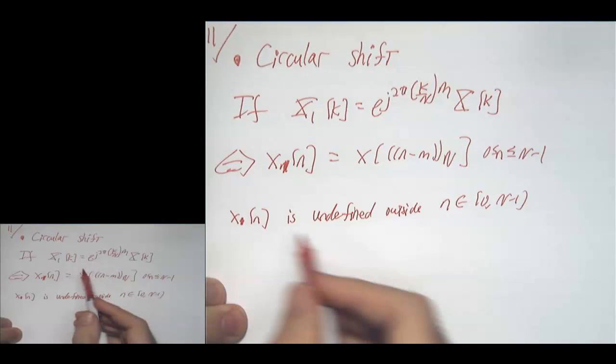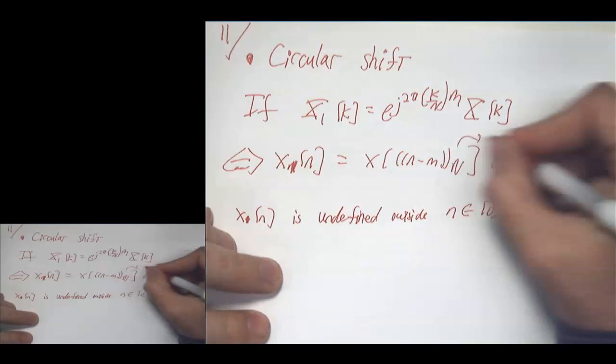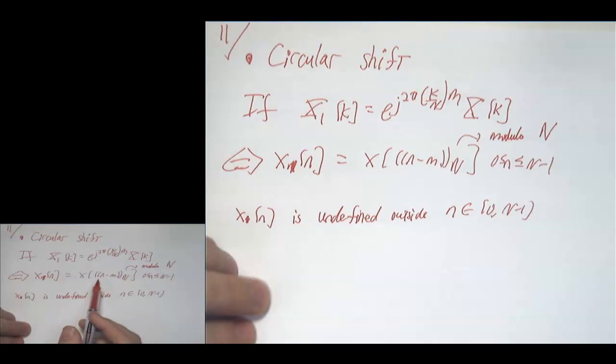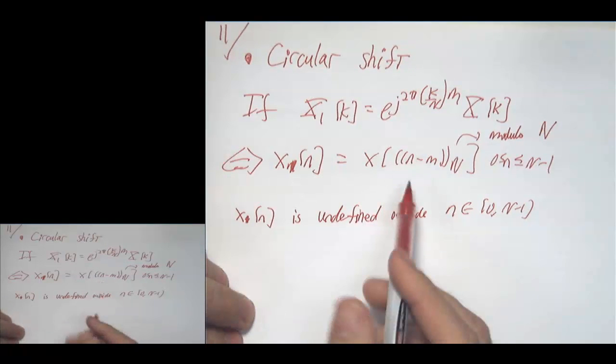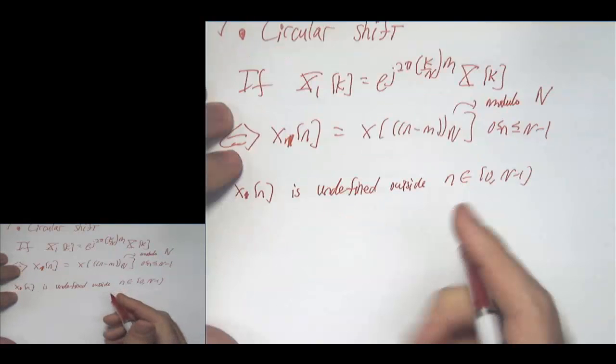So the important observation here is that this is a modulo by capital N. What it means is that circular shift plays the role of linear shift with the DFT.